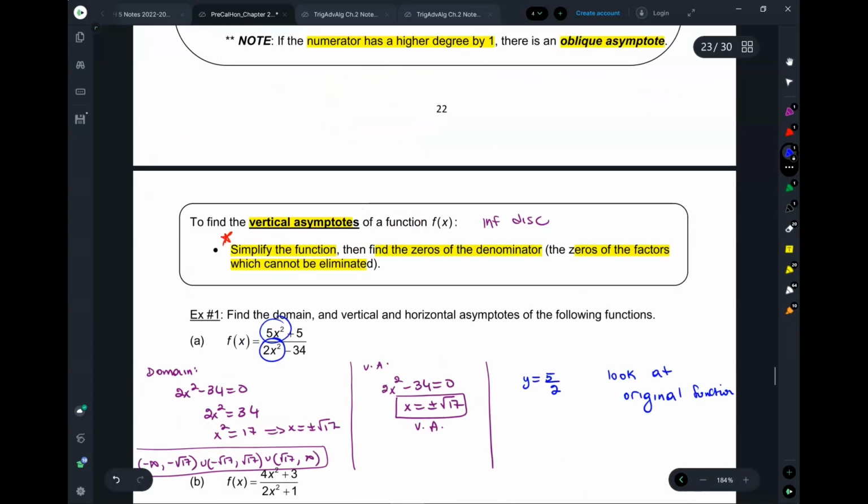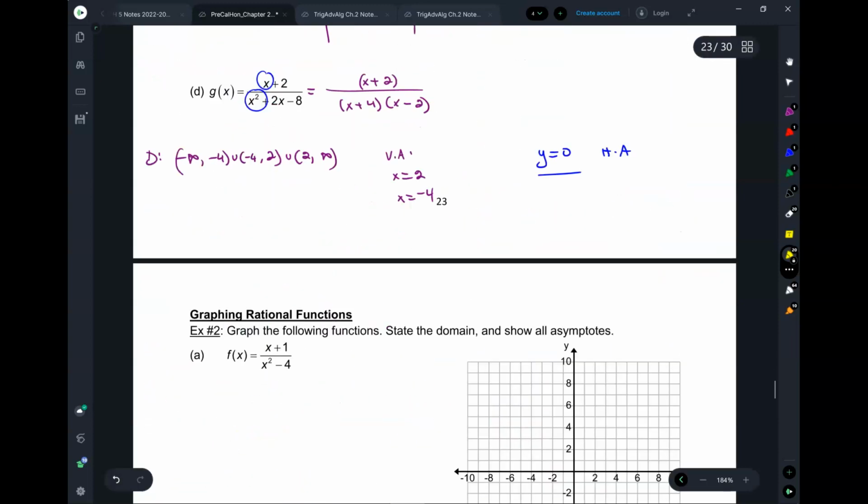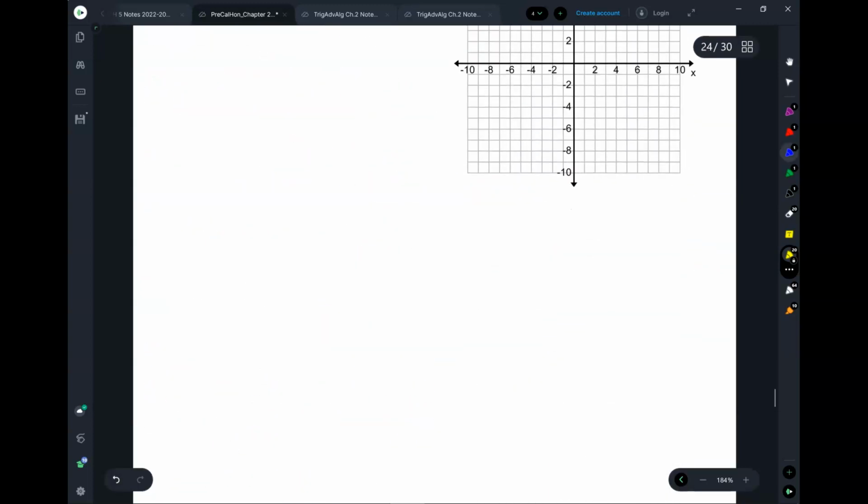A horizontal asymptote is different. Remember what we said about a horizontal asymptote? It's defined as the limit as f of x approaches positive and negative infinity. So, horizontal asymptotes only take effect at the infinities. That means you can have a graph with a horizontal asymptote here, right?